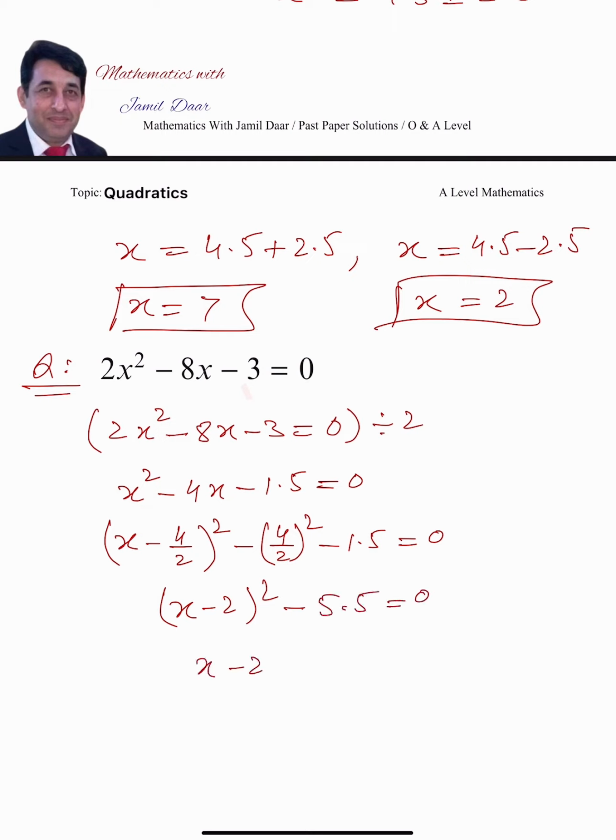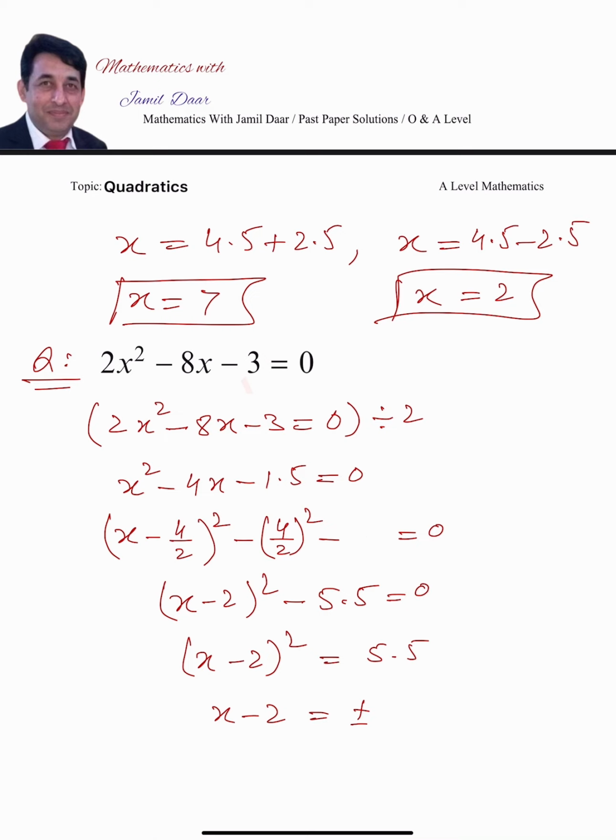(x minus 2) whole square is equal to 5.5, and this will become x minus 2 is equal to plus minus square root of 5.5. So I think we should write it as a fraction instead of, yes. So this will become 5.5 is 11 by 2.